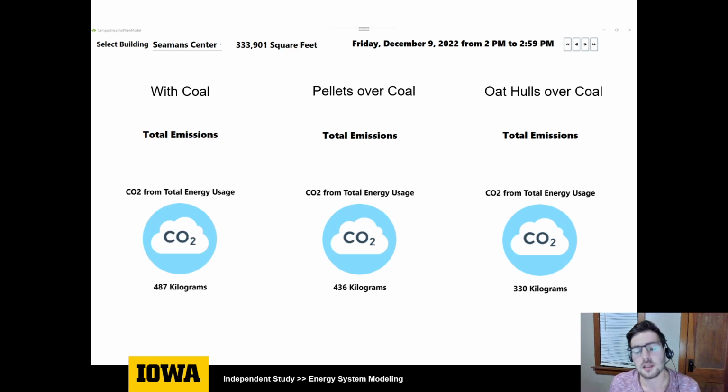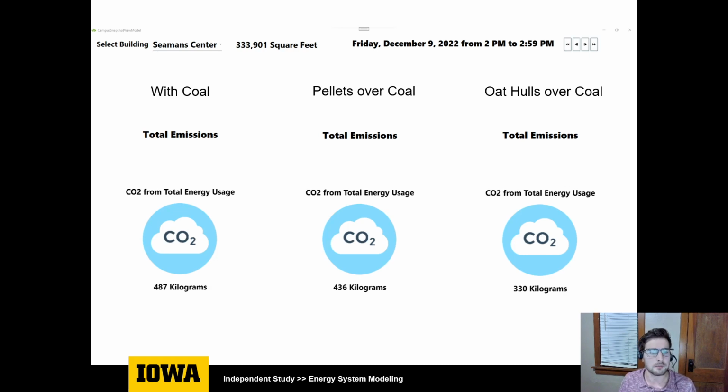Okay, and to sum up, if we want to push these experiments back down on a more local level, we can see the impact of these changes on a building's emissions. So it's the same emissions from the second slide. Siemens Center, 487 kilograms, and these are the savings for Siemens Center if we make these changes.